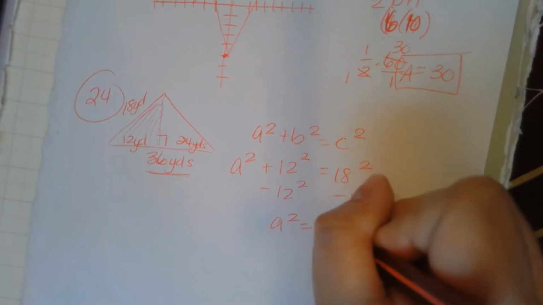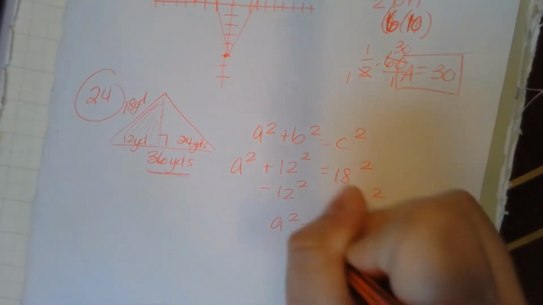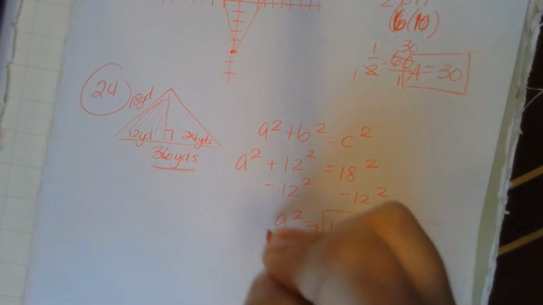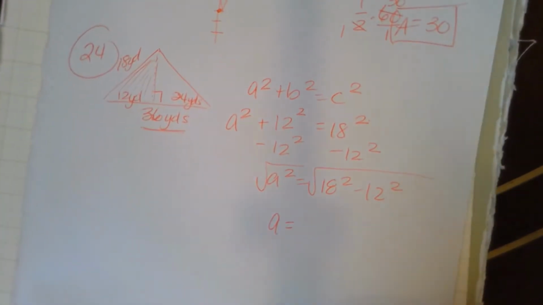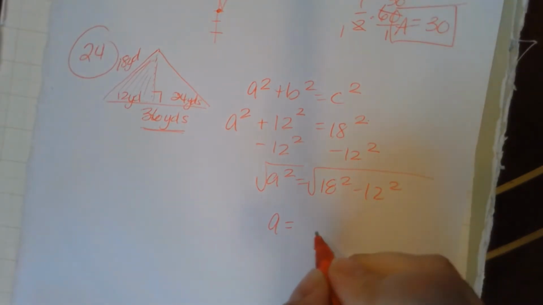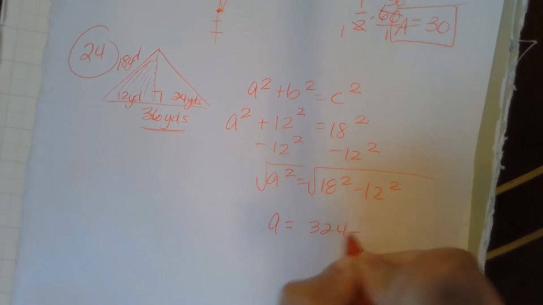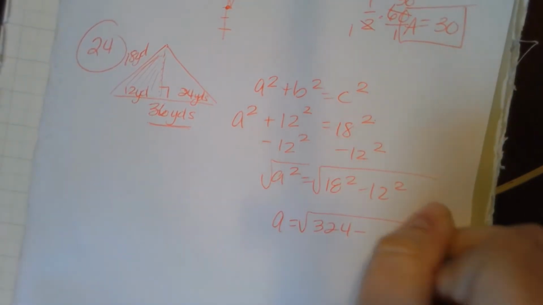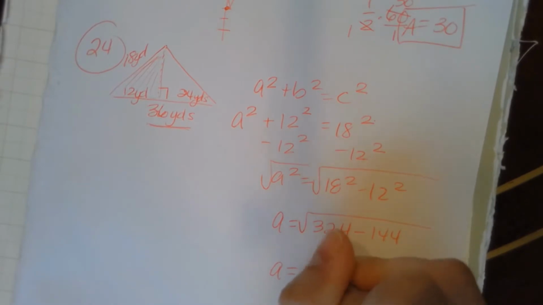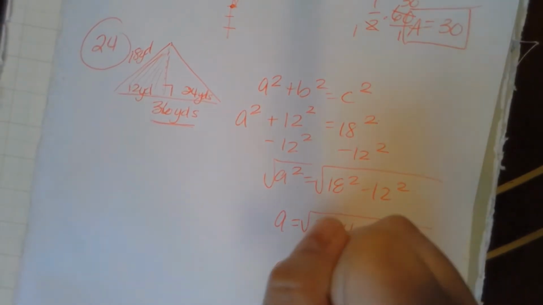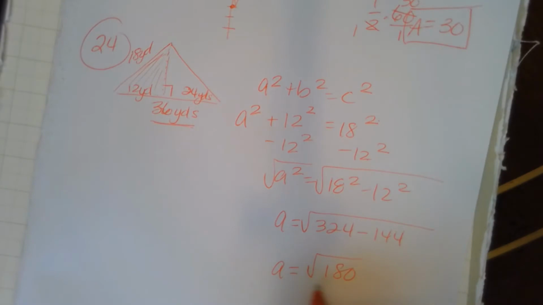When I square the a, it becomes a. Okay, and I can just start plugging these numbers in. So 18 squared is 324 minus 144. And a is going to equal 180. Okay, so that's actually the square root of 180.